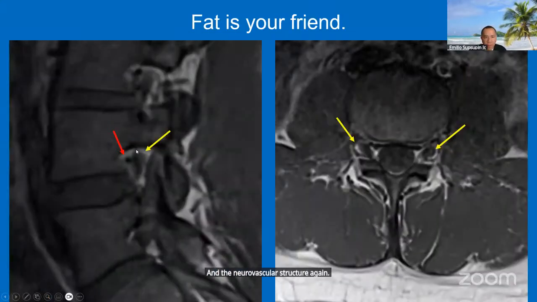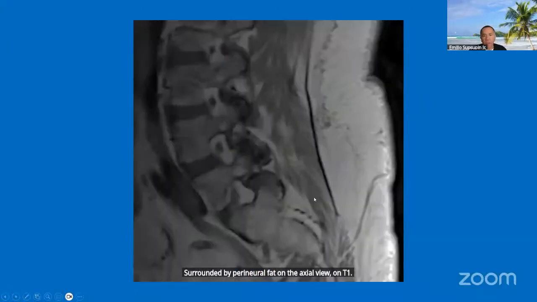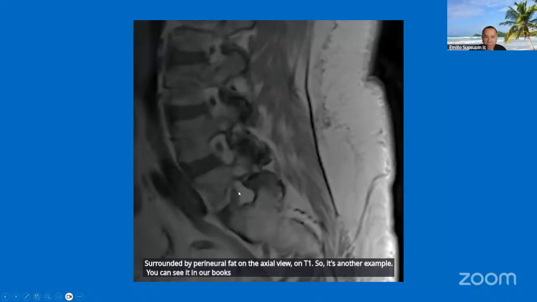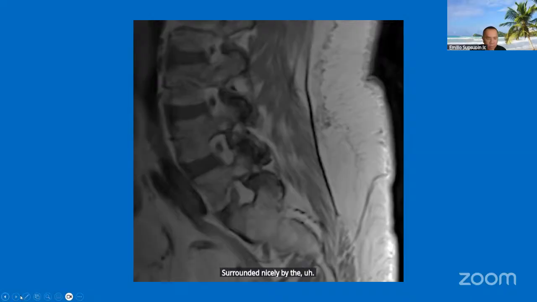Again, you can see the perineural fat on the sagittal view. And here you can see the nerve root surrounded by perineural fat on the axial view on T1. It's another example. You can see the nerve roots at each level surrounded nicely by the perineural fat.